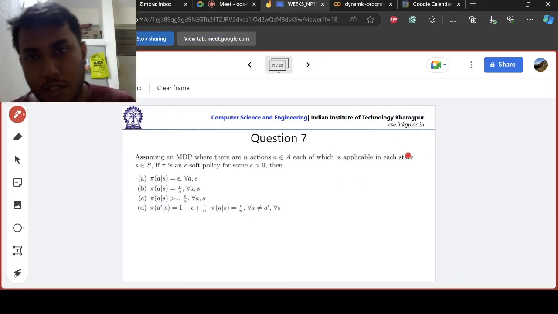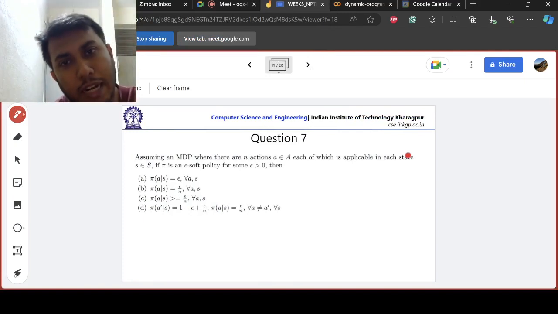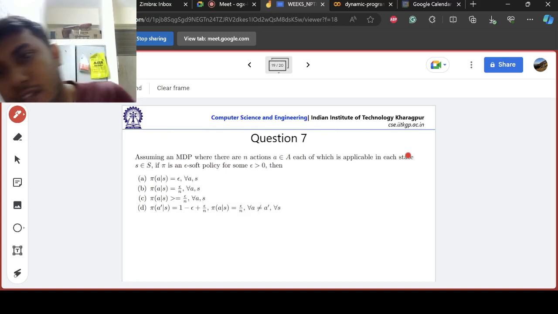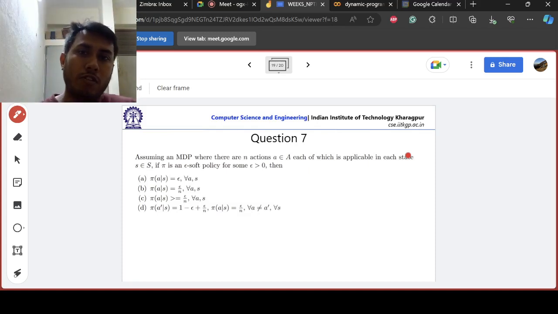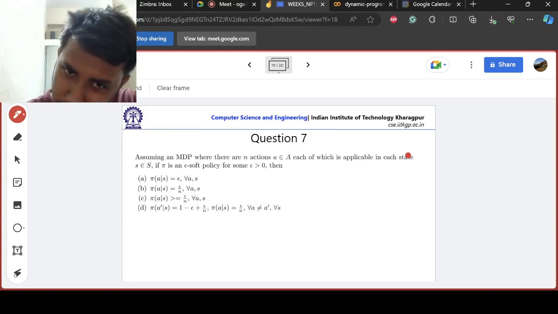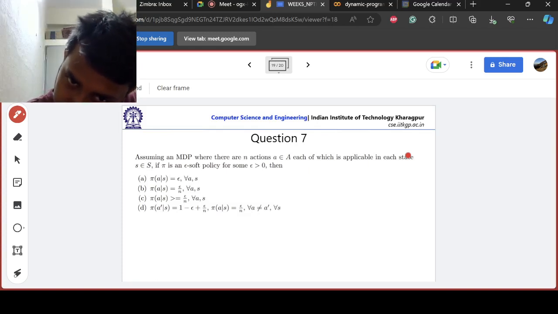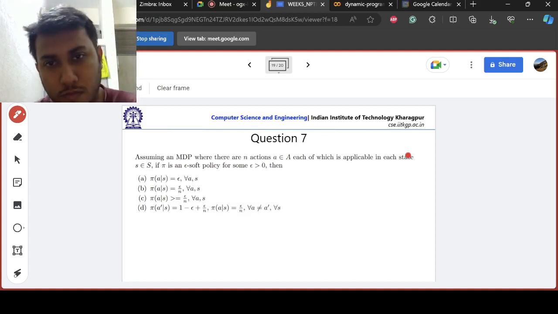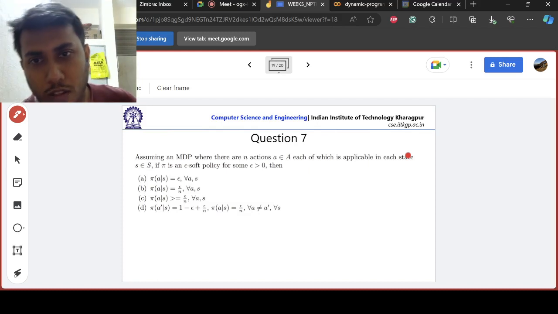So let's come to this question. Assuming an MDP, there are n actions, n equals to a, each of which is applicable in each state s, where pi is a soft policy for some epsilon. Then which of the following is correct?